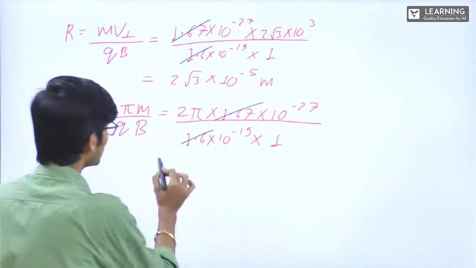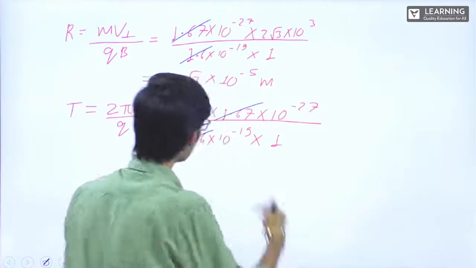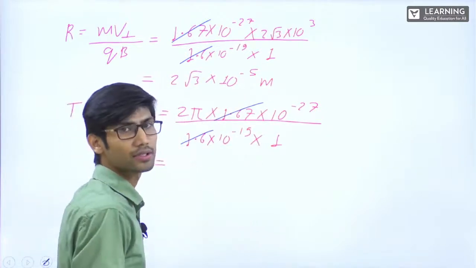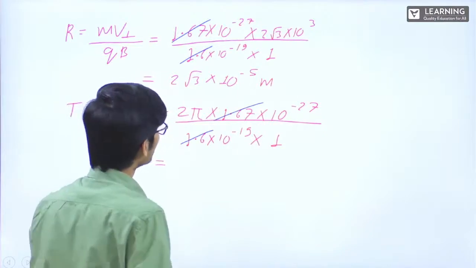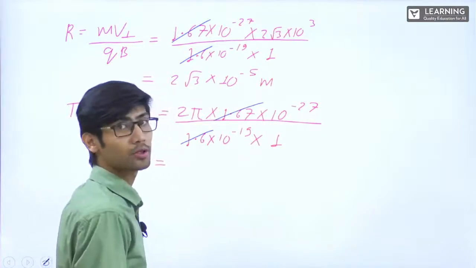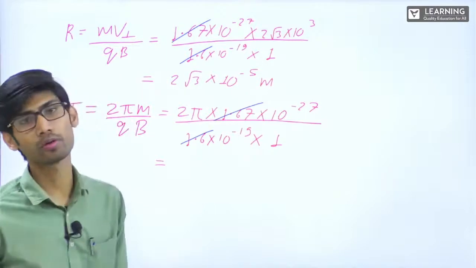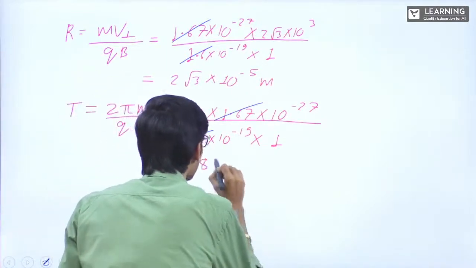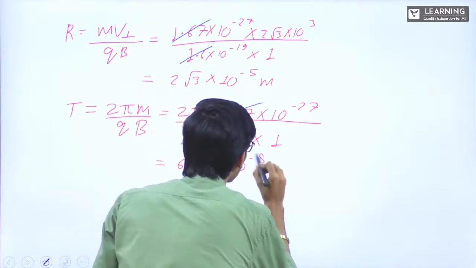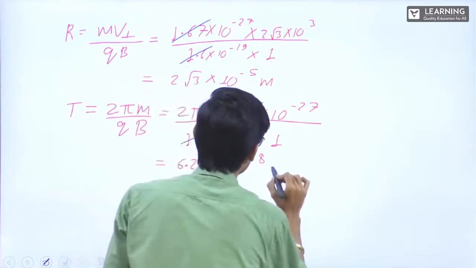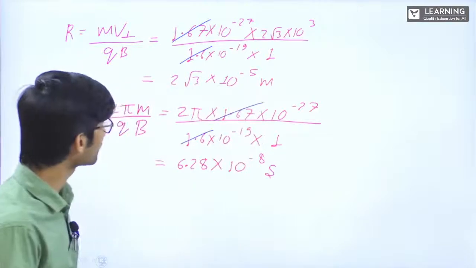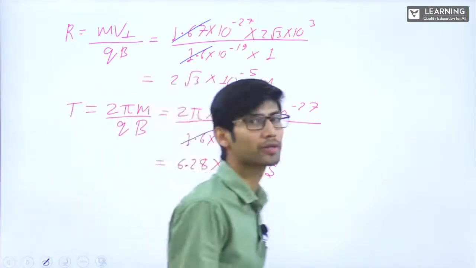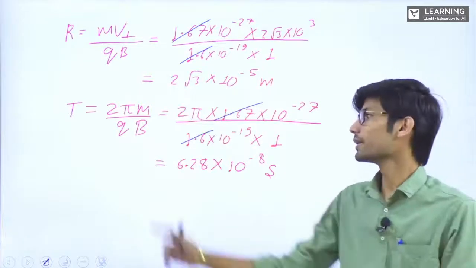So 10 power minus 19 going upwards, 10 power minus 27 plus 19, that is minus 8. So 2 pi into 10 power minus 8, pi is 3.14, 2 into 3.14 is 6.28. So 6.28 into 10 power minus 8 seconds. Correct?